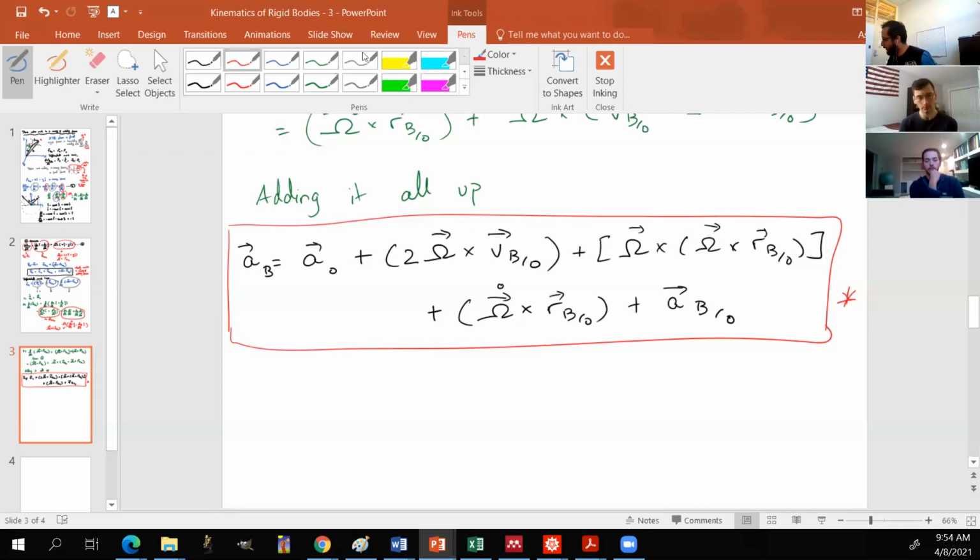Does anyone want to guess what this term is? You guys should have at least seen the theory in one of your physics courses.